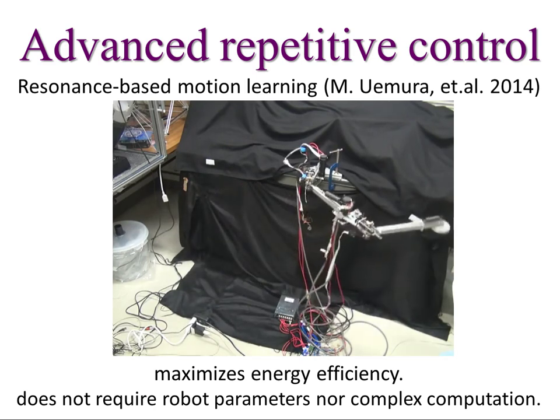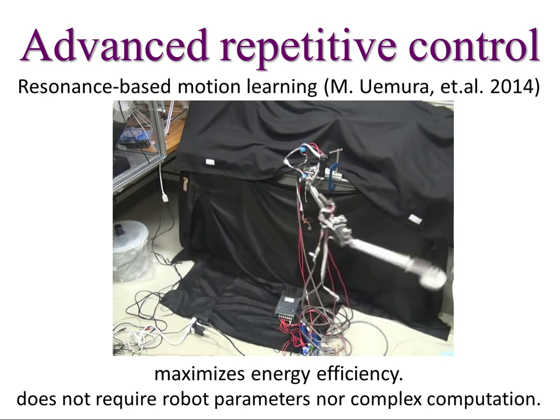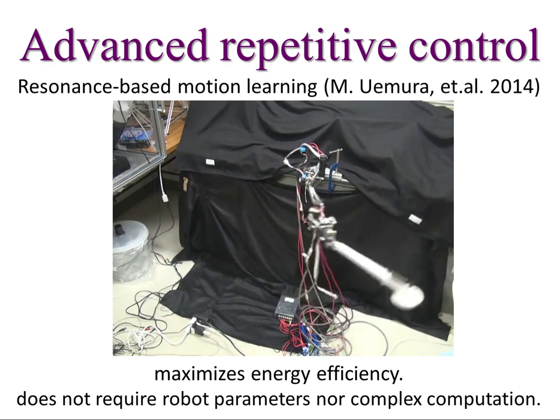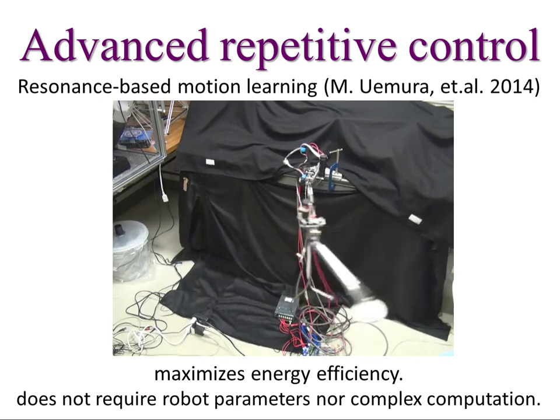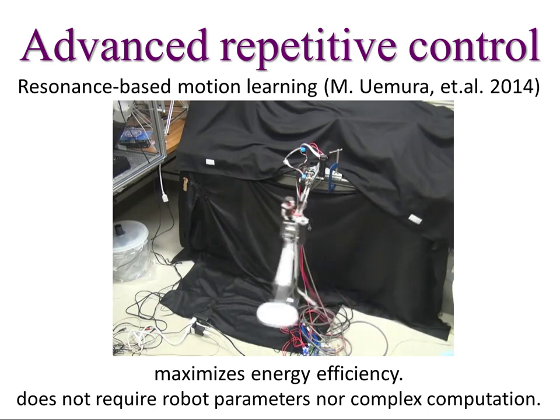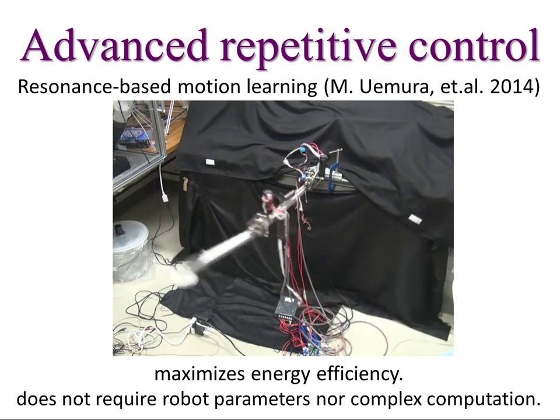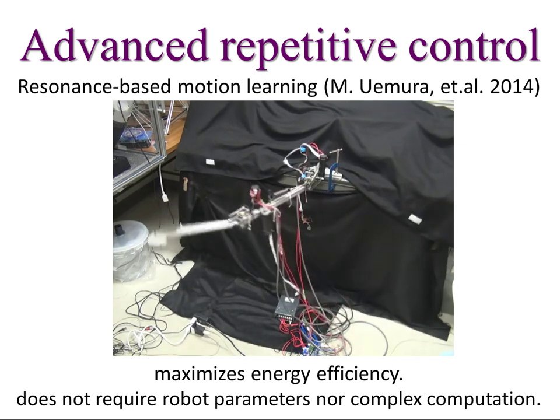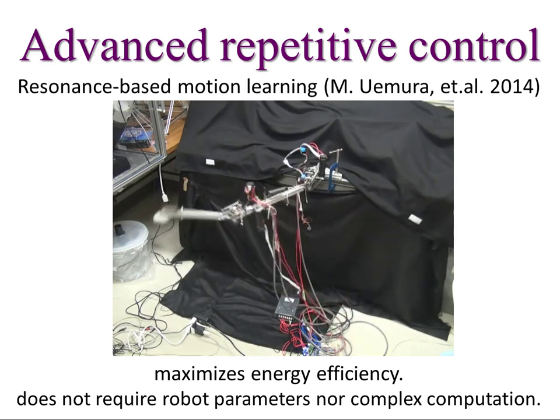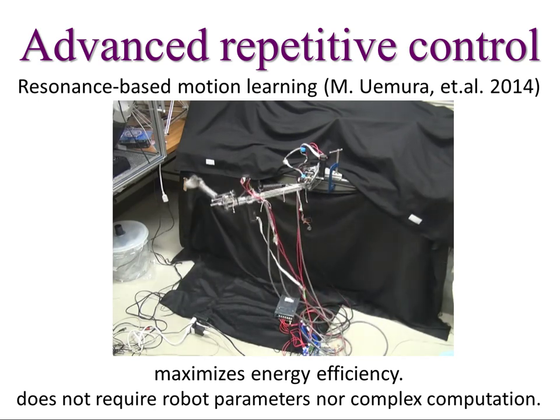This control method adaptively optimizes the stiffness of the variable elastic elements attached to each joint of the robot in real time to reduce energy consumption and generate periodic motion. The authors extended this control method by applying repetitive control.